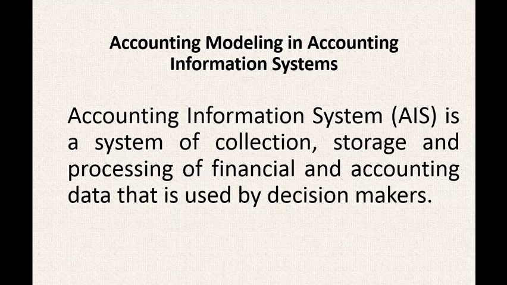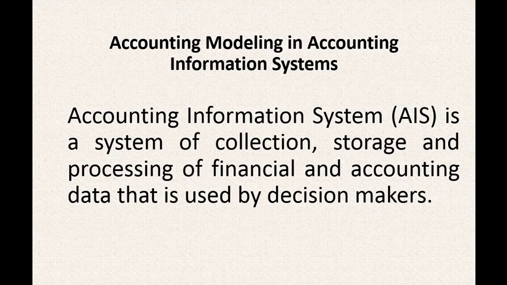So accordingly, accounting system can be considered as an information system. We can define accounting information system as a system of collection, storage and processing of financial and accounting data that is used by decision makers.